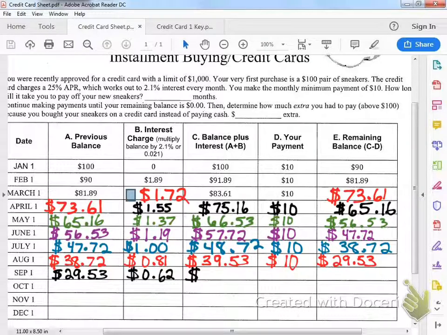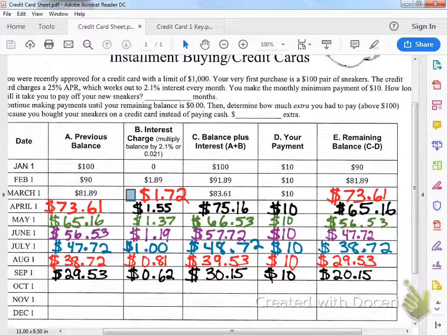Anyone at all? $30.15. You are only sending in a payment of what? $10. So subtract 10 from that, and you get $20.15.